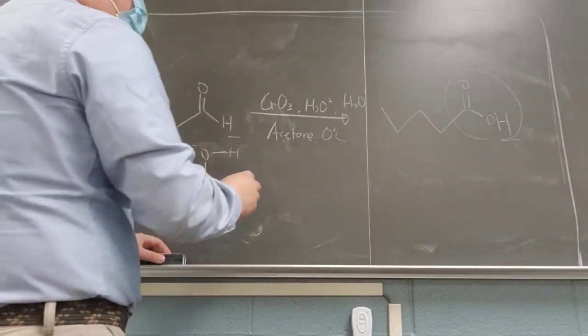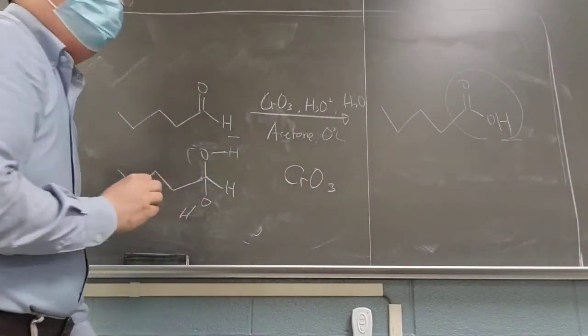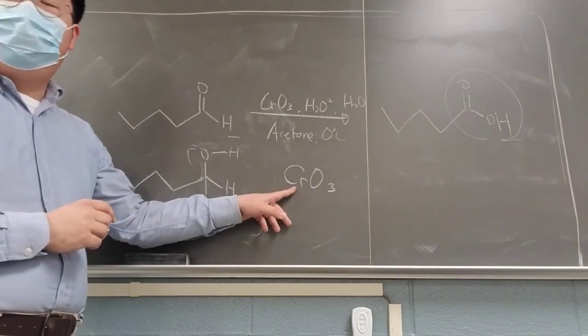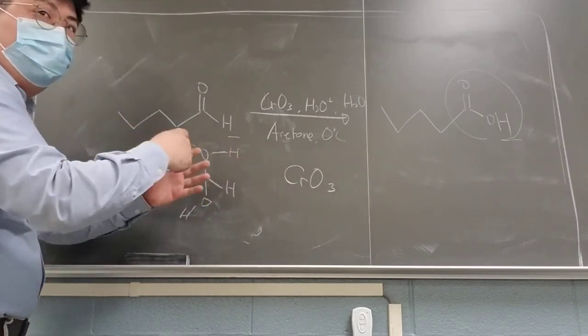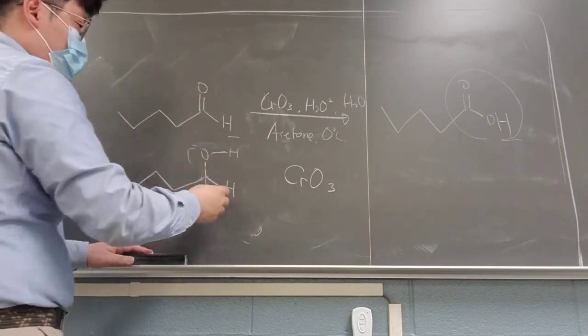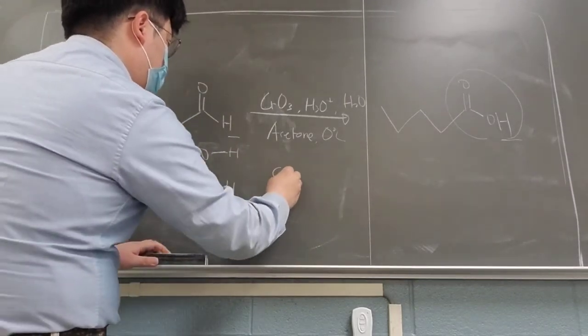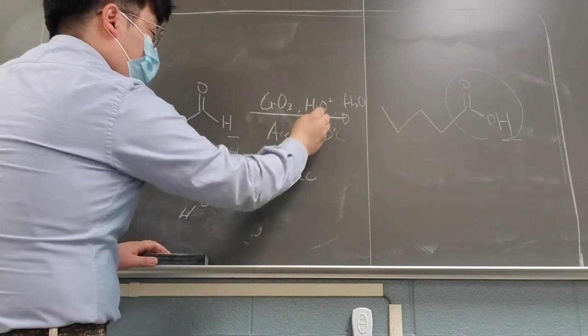Okay, so in this case, do you guys remember this one? This is what we did on Wednesday. This will make this alcohol what? To a carbonyl group again. So if this one comes in, and this is acidic condition, right?